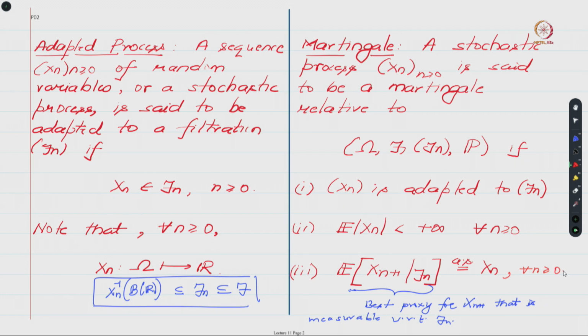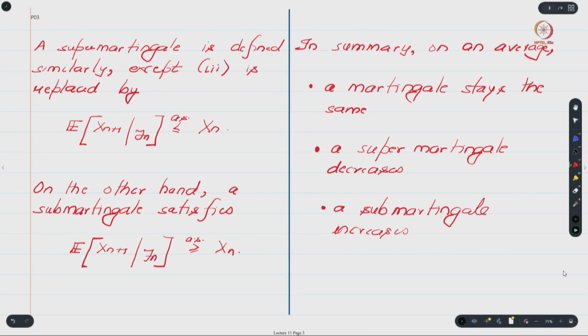If all these properties hold, then we will refer to Xn as a Martingale, right. Now, in similar spirit, we can define what is called a Supermartingale or a Submartingale. In a Supermartingale, we again require that the first two properties hold. Instead of the third property, we require that Xn satisfies this inequality.